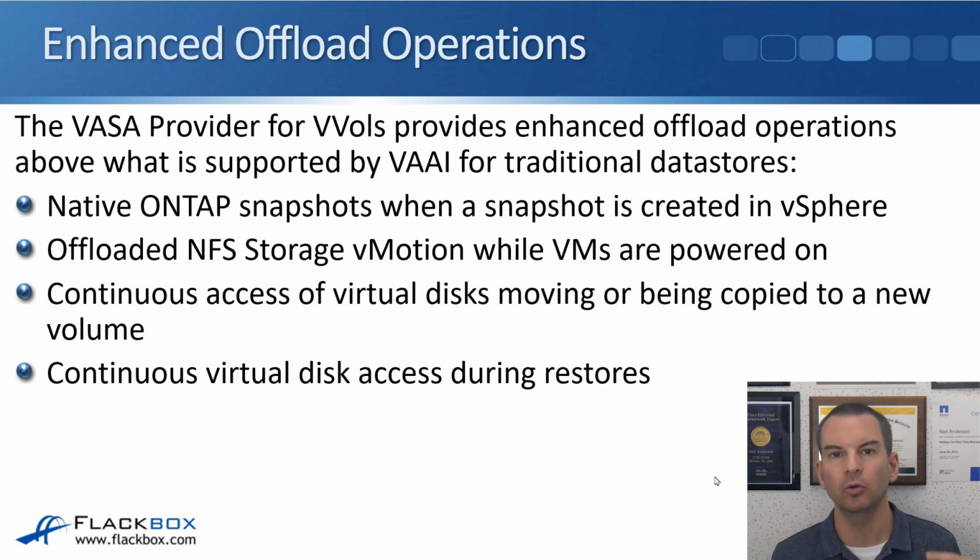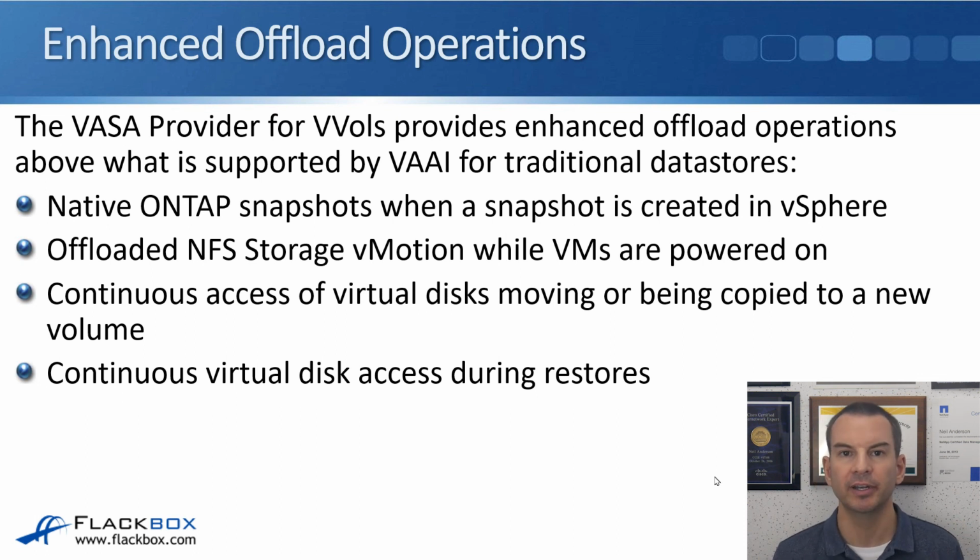With traditional data stores, the snapshots will be offloaded for linked clones, but just standard VMware snapshots are not. But with a VVol Datastore, your standard VMware snapshot is going to be offloaded to become a NetApp snapshot, which is more efficient.